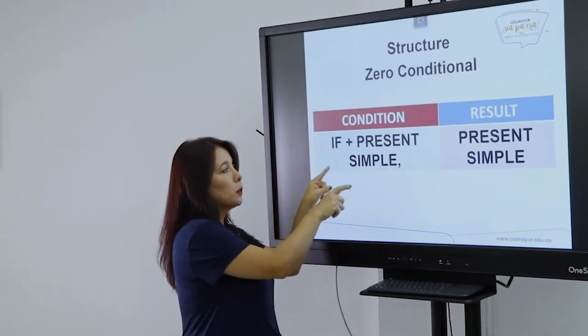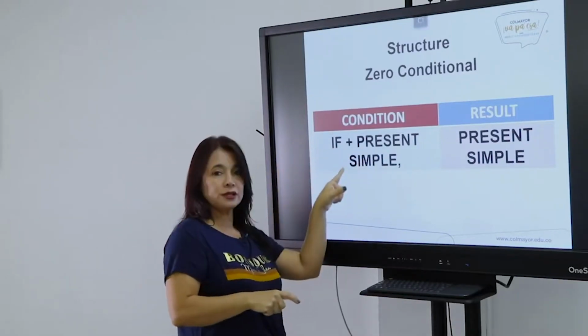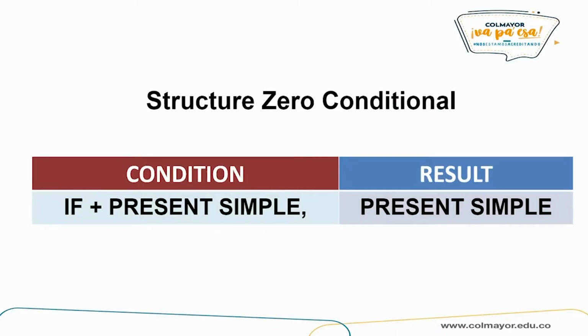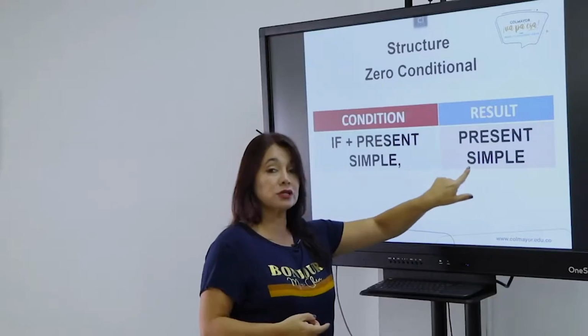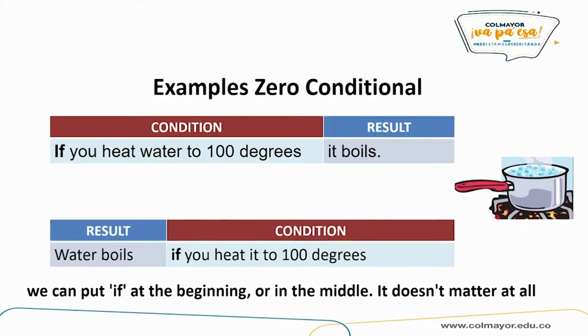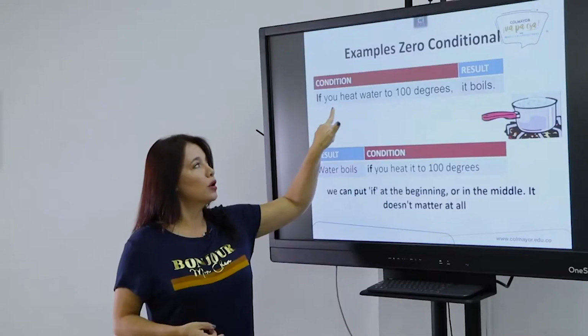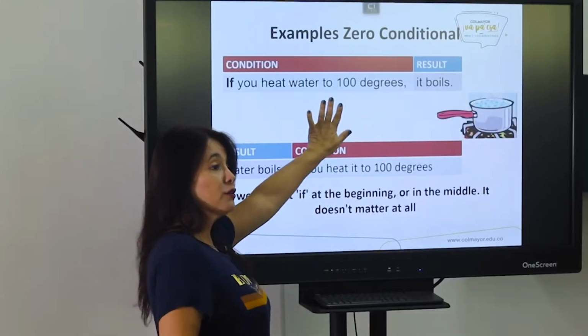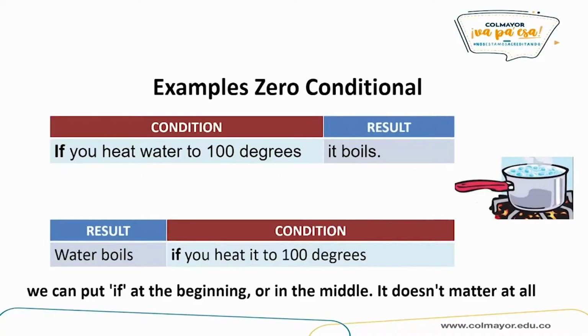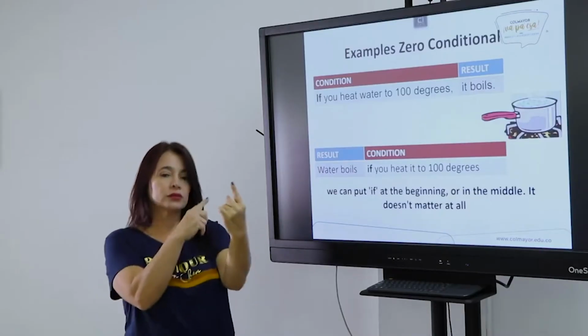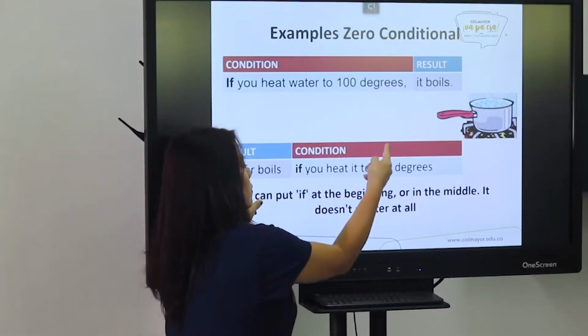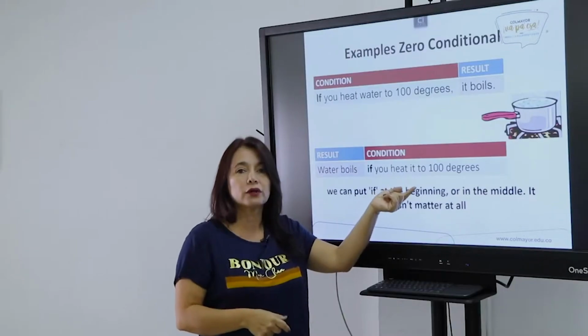The condition part is in present simple, and the result in the main clause is present simple too. For example, if you heat water to 100 degrees, it boils. This is the result. You can change it: the water boils if you heat it to 100 degrees.